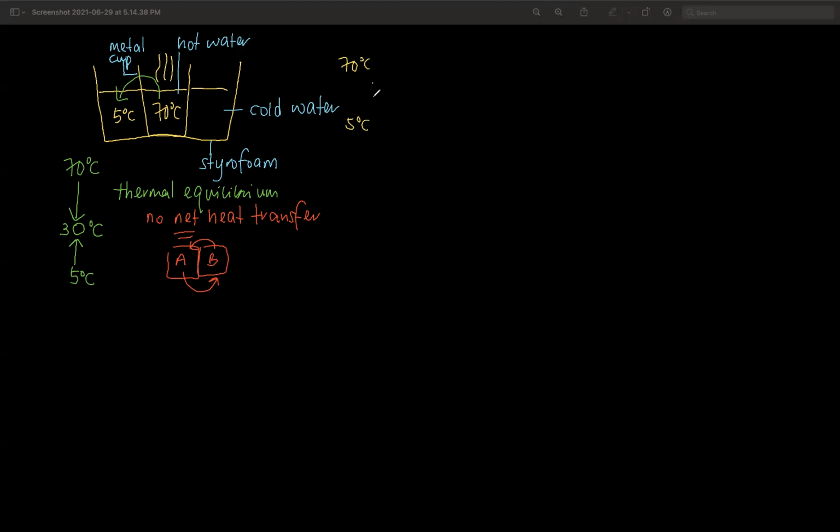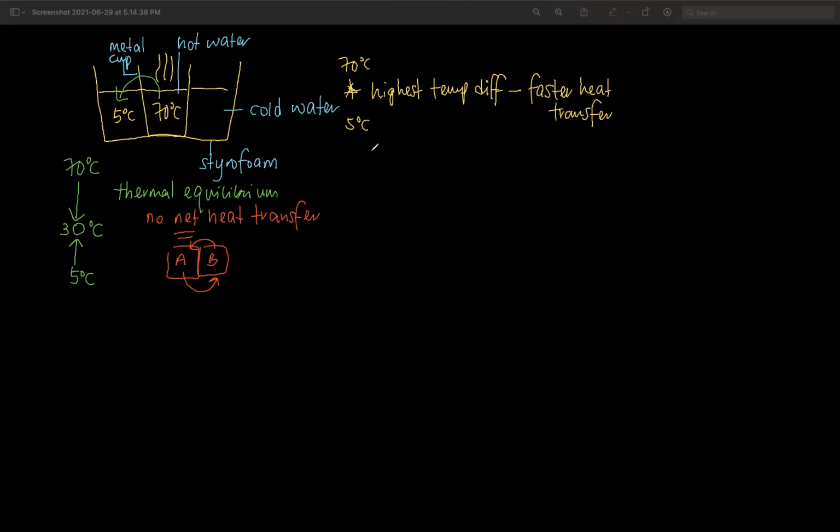When you have the highest temperature difference, that is going to result in a faster heat transfer. Please take note of this. The higher the temperature difference, the faster the heat transfer will take place.